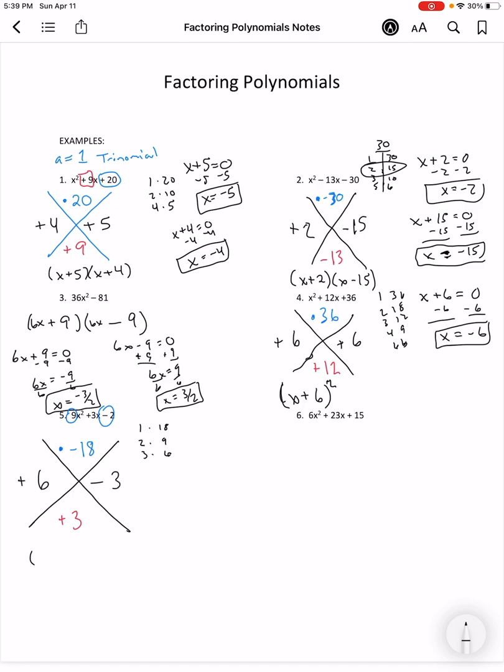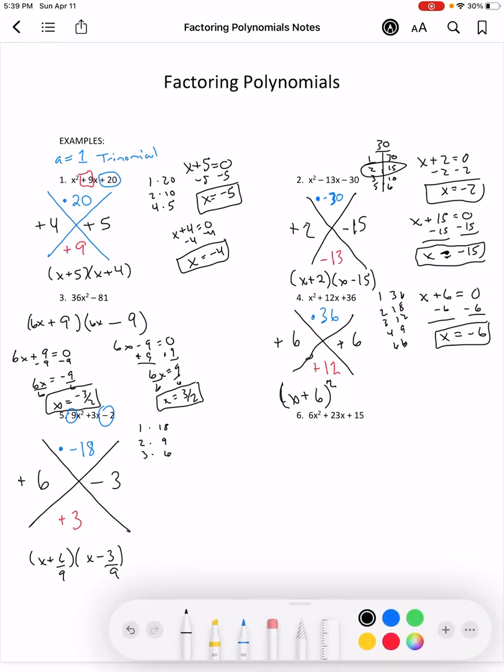So I would write x plus 6 times x minus 3. But I can't finish here. This is that one where we have to go another step because of the 9 in front of the x squared. So what I need to do is divide both of these by 9.